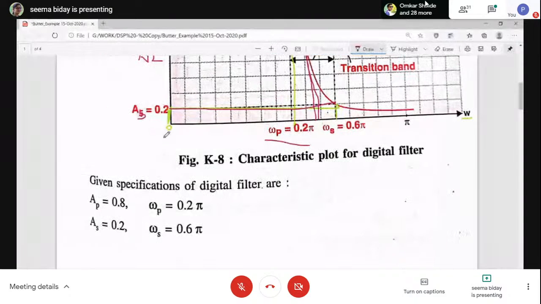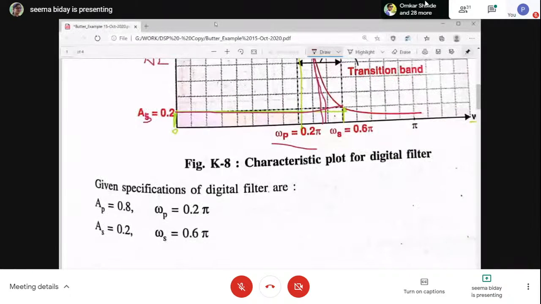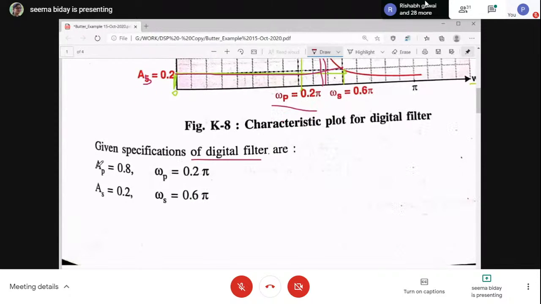Now, the given specifications are of a digital filter, which I have already cleared. That also took time for you, right? So these are AP, the passband attenuation, WP, the passband edge frequency, AS, the stopband attenuation, WS, the stopband edge frequency.